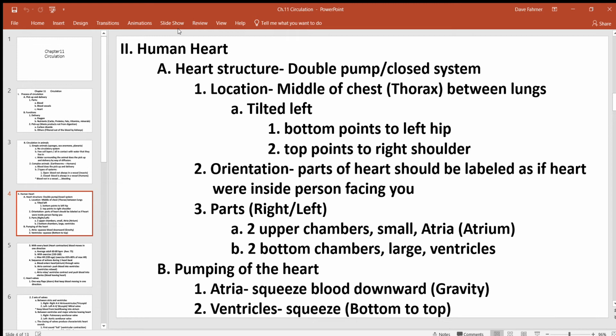Also, it's not as clear what's the right side and what's the left side of the heart, because it's not standard that half of one side is the right and half of one side is the left. The heart is kind of rotated forward from the right side. So about a third of the heart that you see in front is going to be the right side that's rotated forward, or anteriorly.